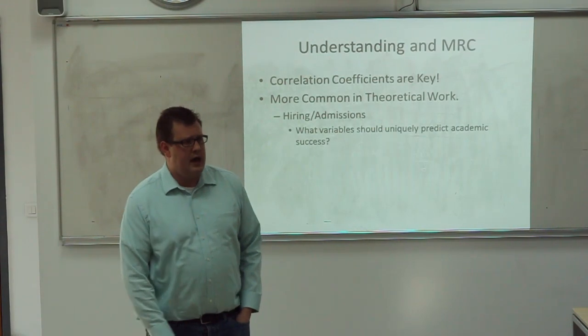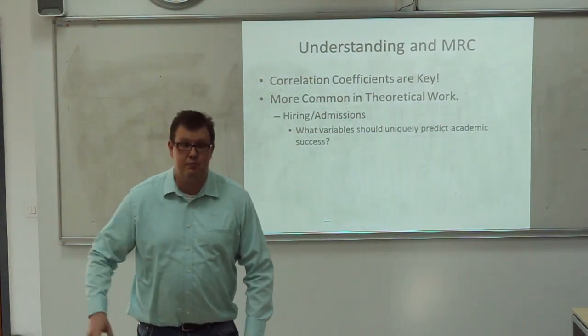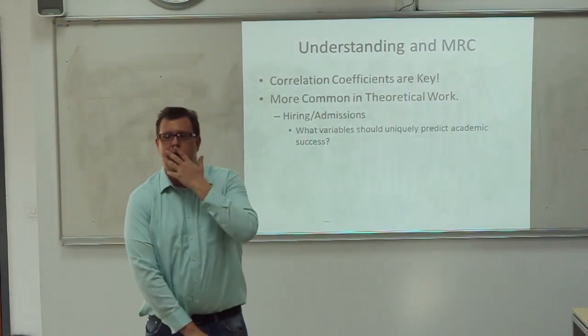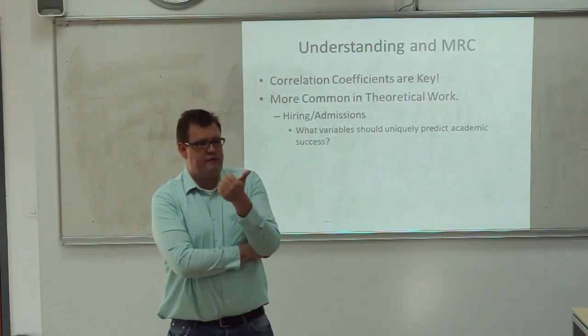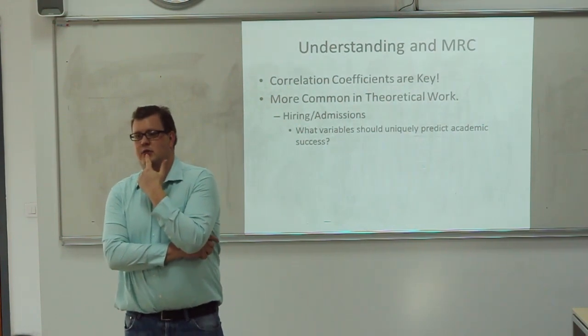I'm not asking now what variables can I make the best prediction for, different students with. But I'm trying to think, what things should explain collegiate success? Well, motivation should explain collegiate success. How can I measure motivation?